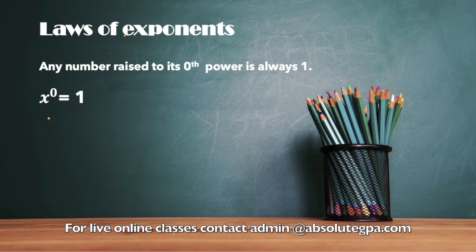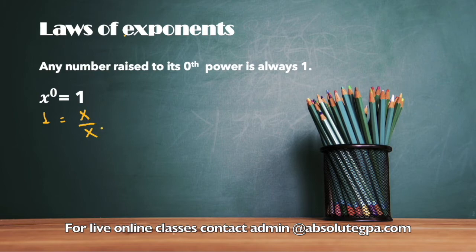Let's just quickly review how we establish this. We know that 1 is any number divided by itself. 1 can be written as a fraction, x divided by x, or y divided by y, or 2 divided by 2. So since here we are talking about variable x, we write it as x divided by x.